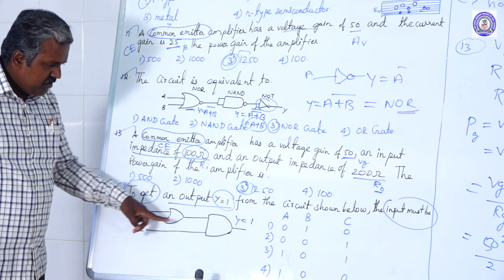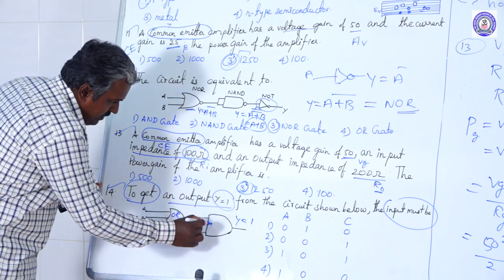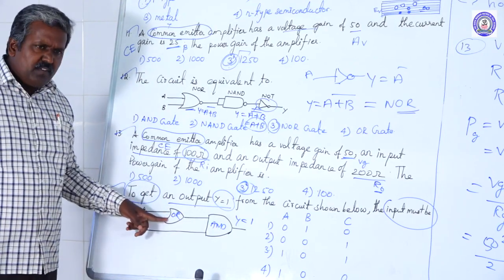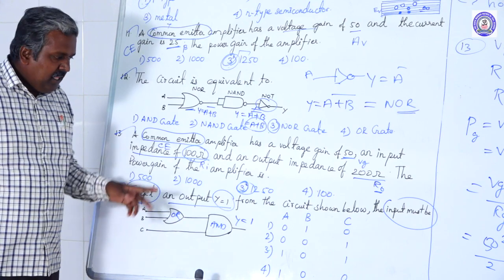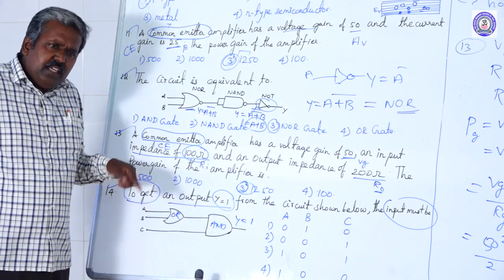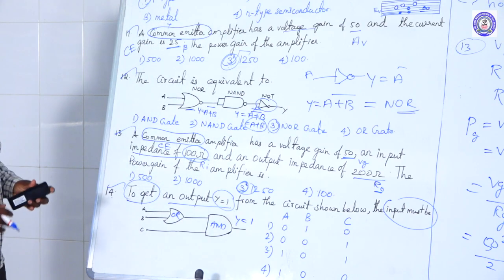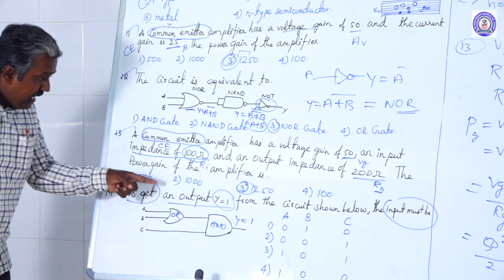OR gate. Very good. And this is an AND gate. The output of an OR gate with inputs A and B is A plus B. The output of an AND gate with inputs A and B is A dot B, or AB. Here the inputs must both be 1 at the same time to get output 1.